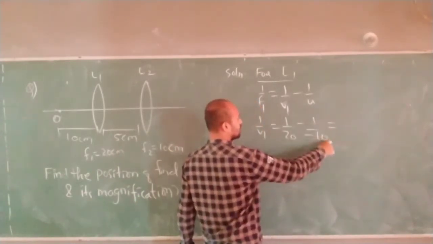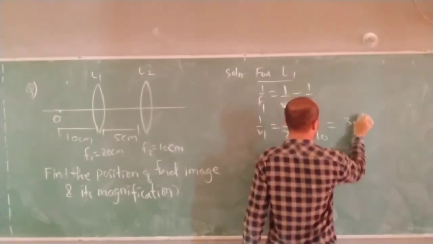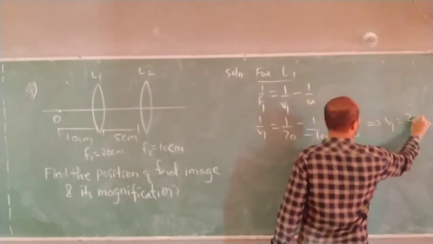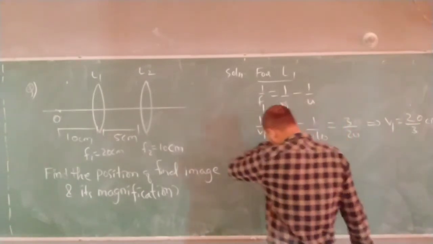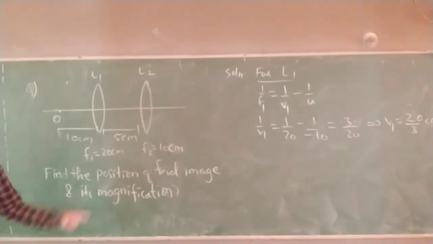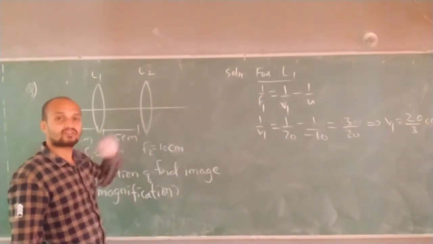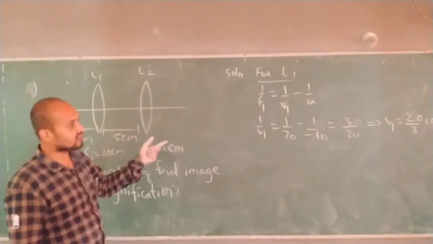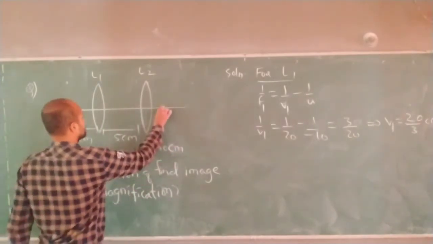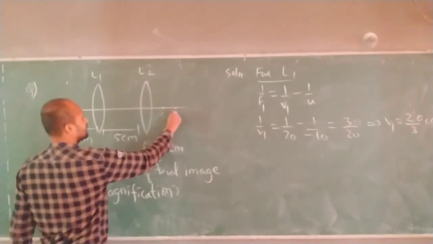It becomes 3 by 20. So v1 will be 20 by 3 centimeter. Plus v1 is 20 by 3, which is more than 5 centimeter, so the image is formed somewhere behind this lens. I1 is formed somewhere here.